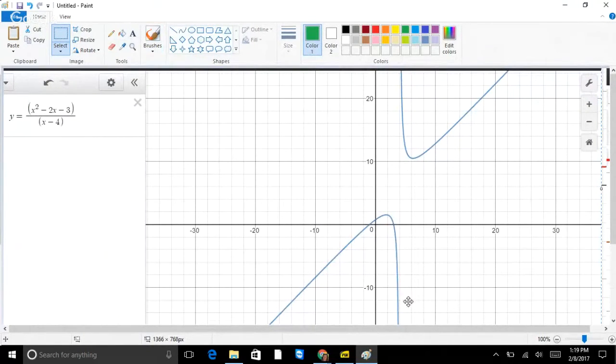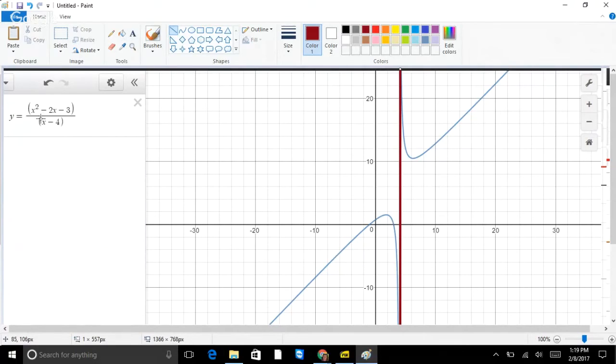Okay, so let's look at this function. We've got two kind of looking hyperbola things, but we look like we've got some asymptotes that we have to look at. So let's look at the x-axis first, right? If I look at my values for x for my domain, my function can be any value of x except for x equals 4.